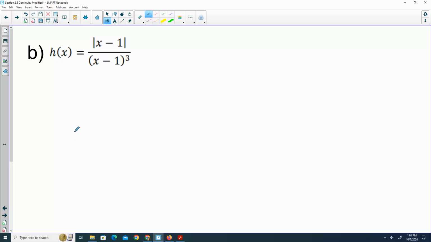We rewrite it without absolute values. Our breaking point right now is what makes x minus 1 equal 0? 1. So we have to have a piece when x is greater than 1, and a piece when x is less than 1. Can we have a piece where x equals 1? No, because the bottom would be 0.